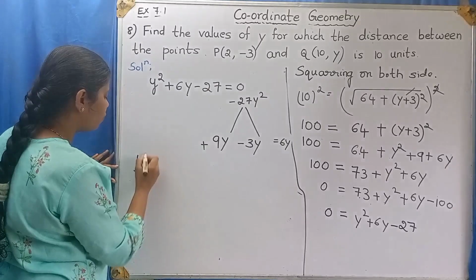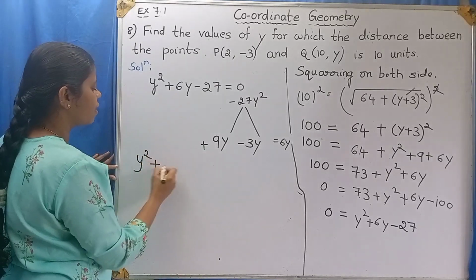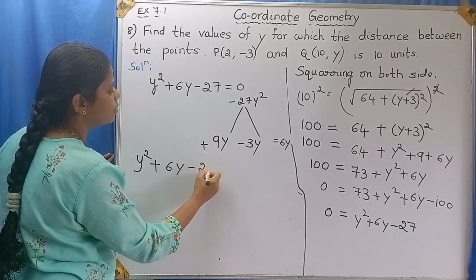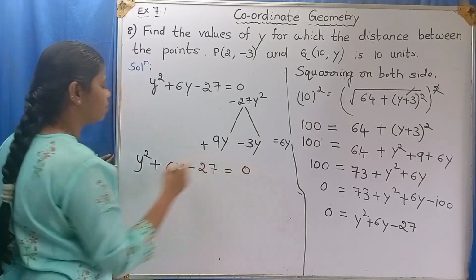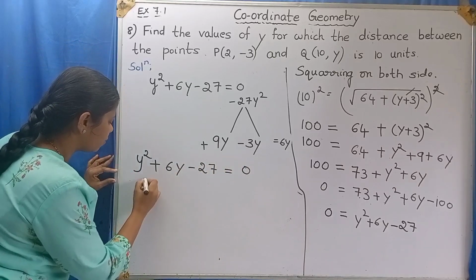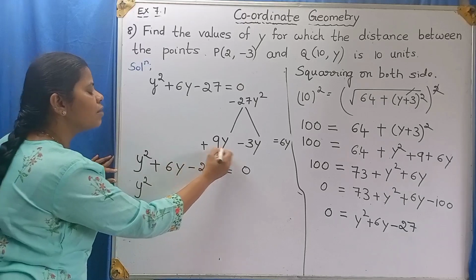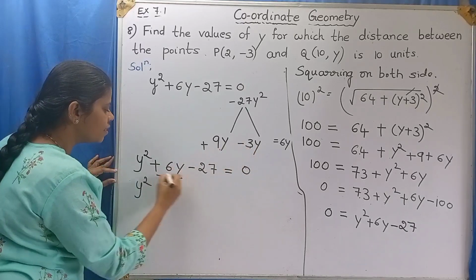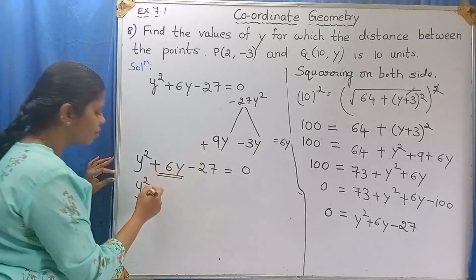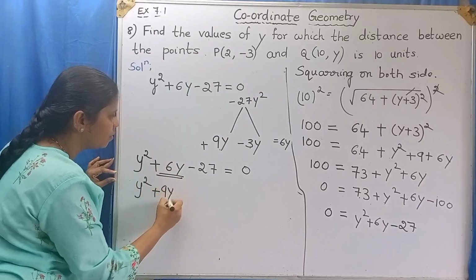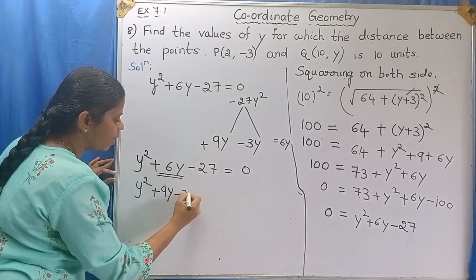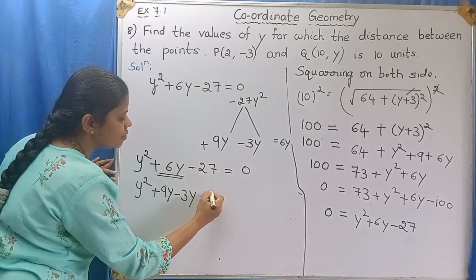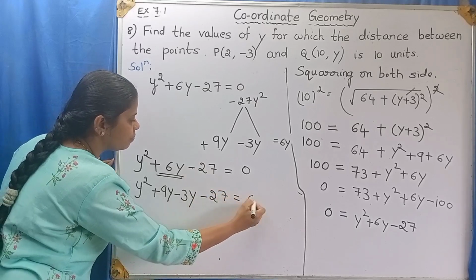Now what we have to do? y square plus 6y minus 27 is equal to 0. y square plus 9y minus 3y. Instead of this 6y, we are writing plus 9y minus 3y minus 27 is equal to 0.